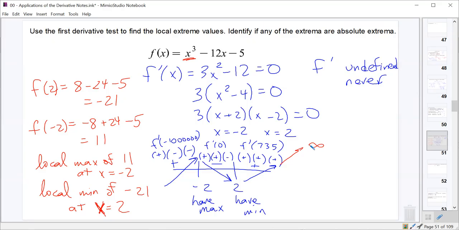And as I go towards negative infinity, it's going down towards negative infinity. Therefore, we are not going to be having any absolute extrema because our function goes down to negative infinity and up to positive infinity. So we'll just write over here, no absolute extrema.